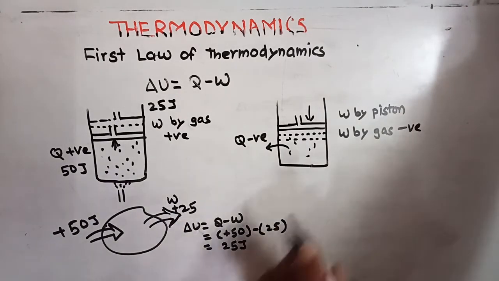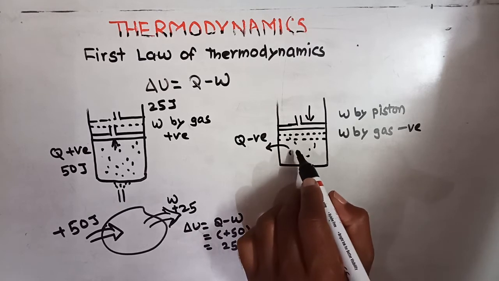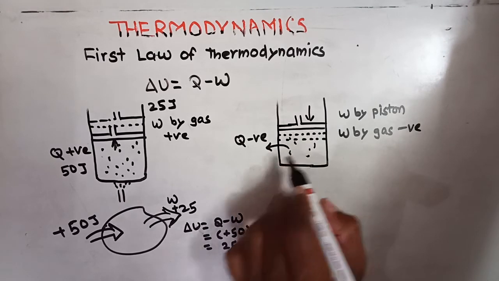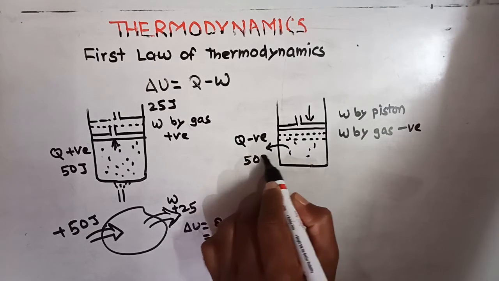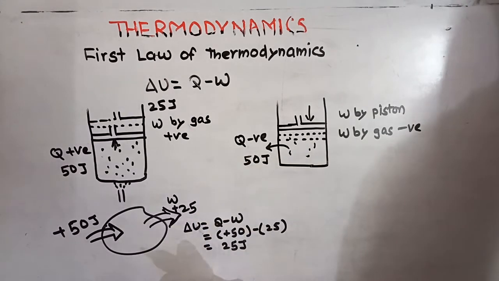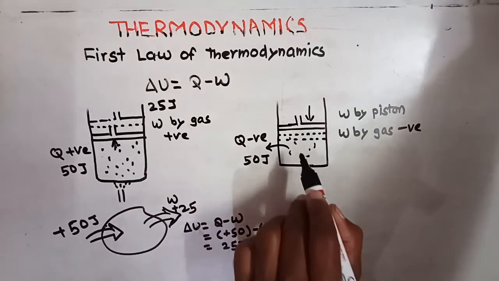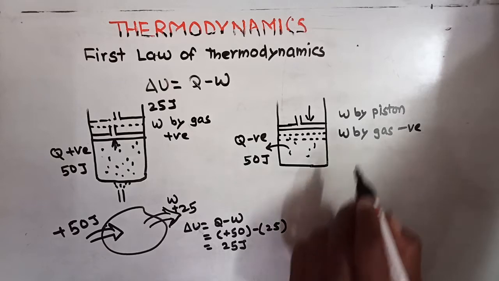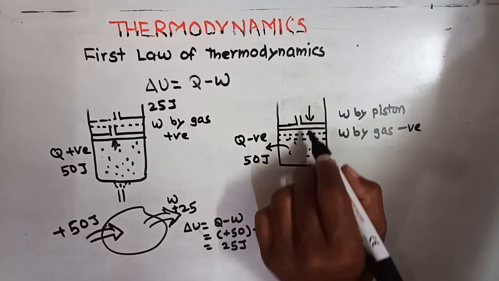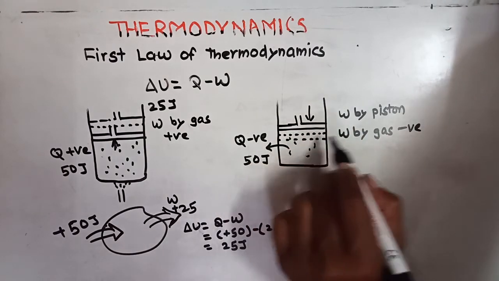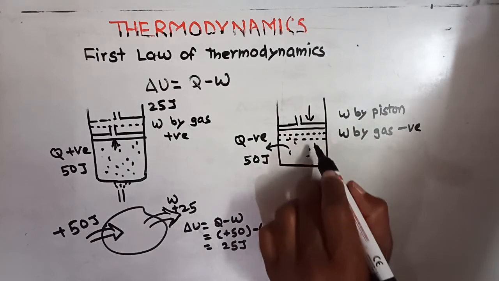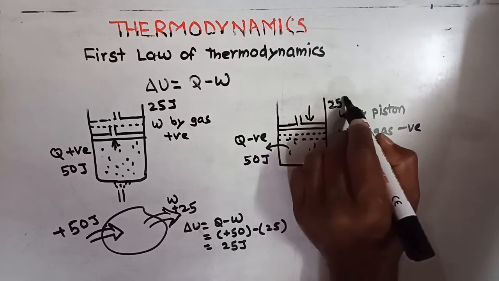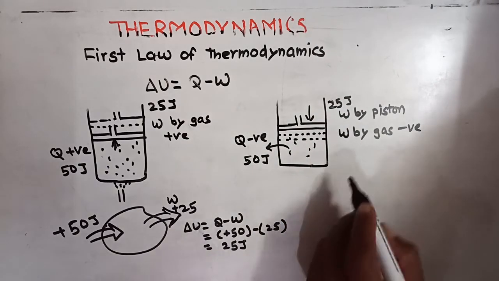And now suppose in the second case, this cylinder is placed in a cold environment, and suppose that it loses 15 joule of energy. 15 joule of energy is transferred from the system to the environment, so this Q is negative. And when this piston is moved in the downward direction, work is done by the piston, so work done by gas is negative. And suppose in this case also 25 joule of work is done.